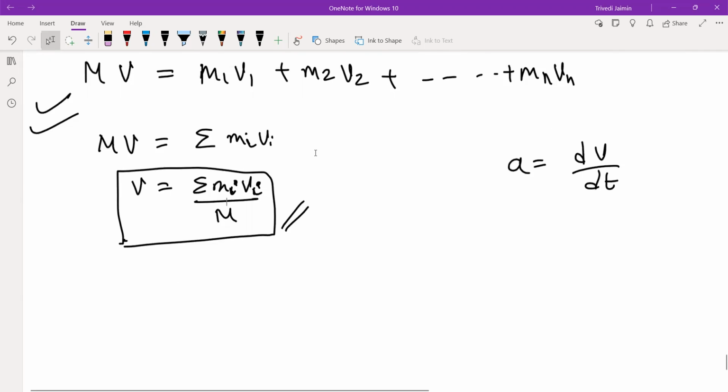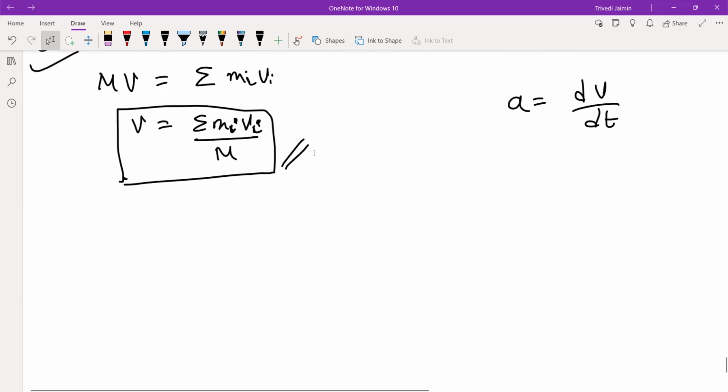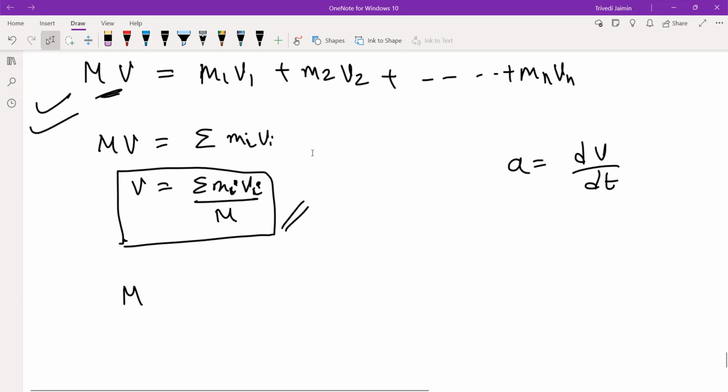Okay, let's differentiate this equation. Who will tell me? Differentiate this equation with respect to t. Come on, fast.